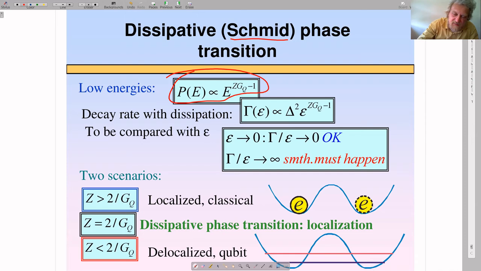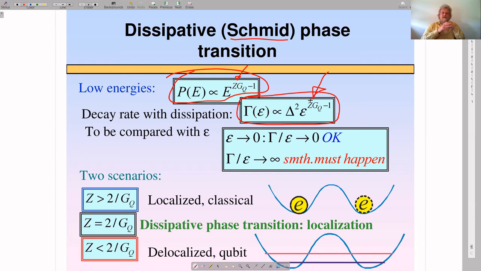Okay, what I have here is impedance. Impedance is resistance times this capacitive factor. Right. So the exponent depends on the impedance. From this, we can estimate the decay rate, which has a certain energy dependence. Now it's a decay rate, and what I want to do, as we did already several times in this course, is compare it with energy itself.